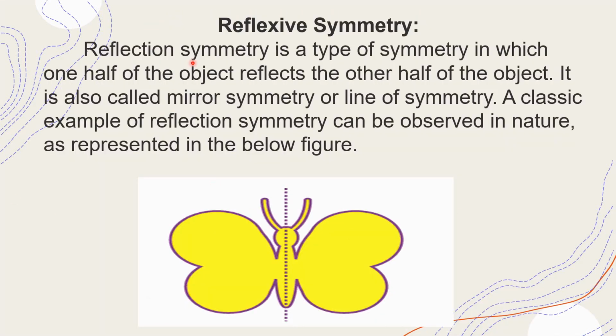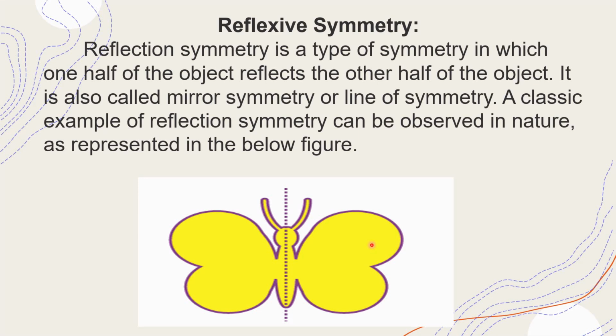So now we will see what is reflective symmetry. Reflection symmetry is a type of symmetry in which one half of the object reflects the other half of the object. So it is called mirror symmetry or line of symmetry.